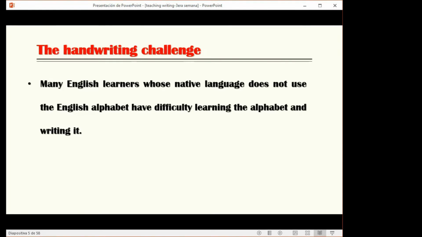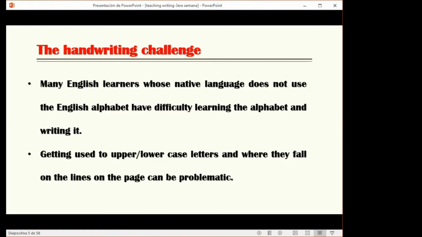For most of our students, it's a little complicated to write in English. Maybe for some letters, for example, in English we don't have the letter we use when we say año, the ñ, or the double L. So notice that English doesn't have this kind of letters.